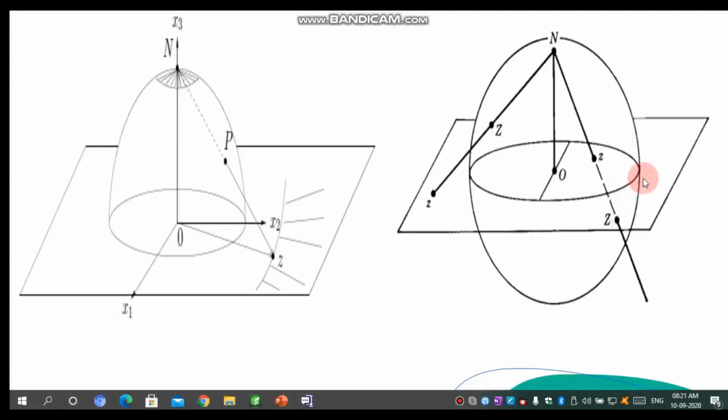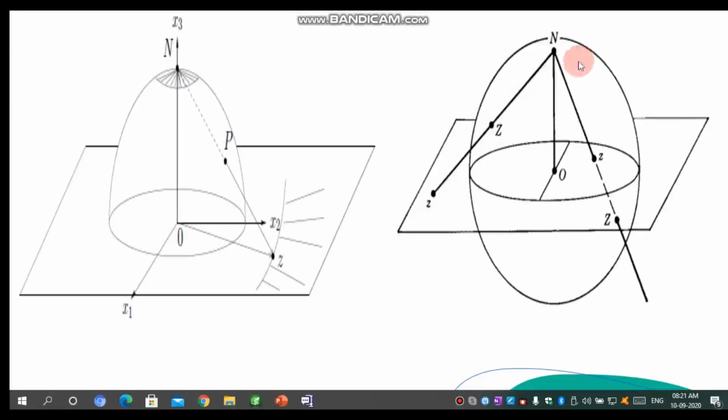And if mod z is equal to 1, the point is on the surface of the sphere, so both points coincide. So whenever mod z equal to 1, we have small z equal to capital Z. One more time: whenever mod z is greater than 1, capital Z will be in the upper hemisphere.